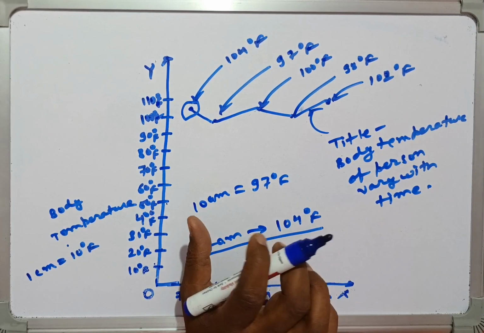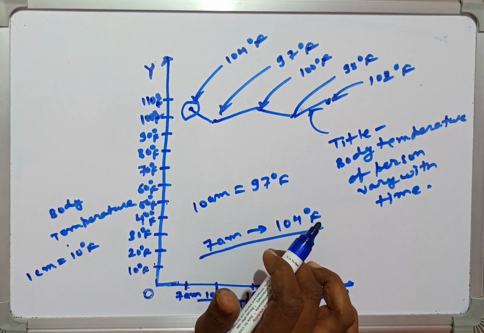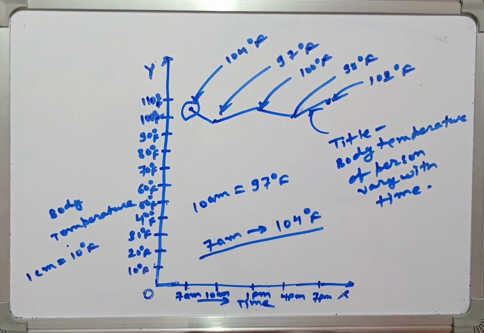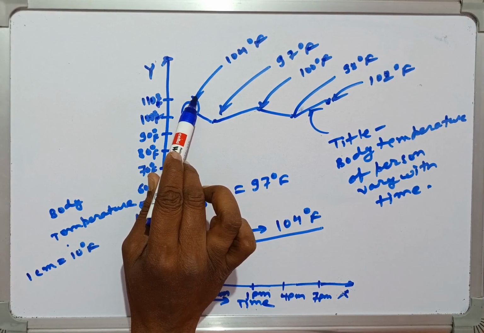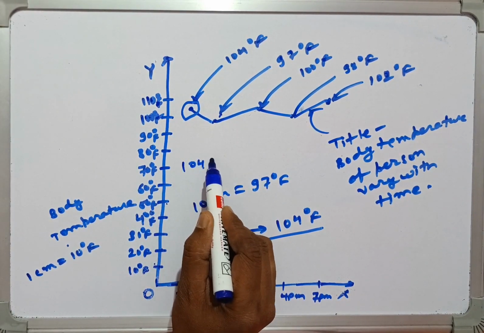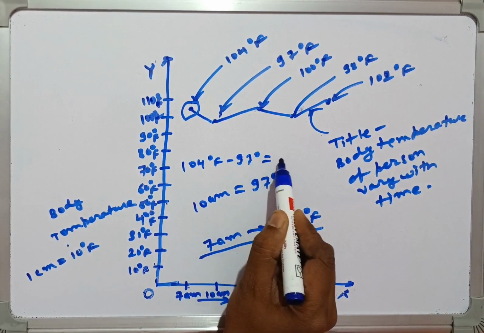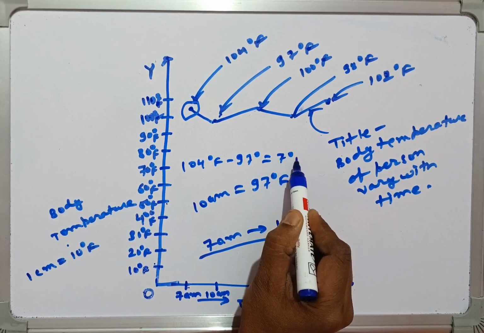What was the variation between the maximum and minimum temperature of his body by seeing this graph? This one is 104 degree, this one is 97 degree. So you can say this equals 7 degree Fahrenheit.